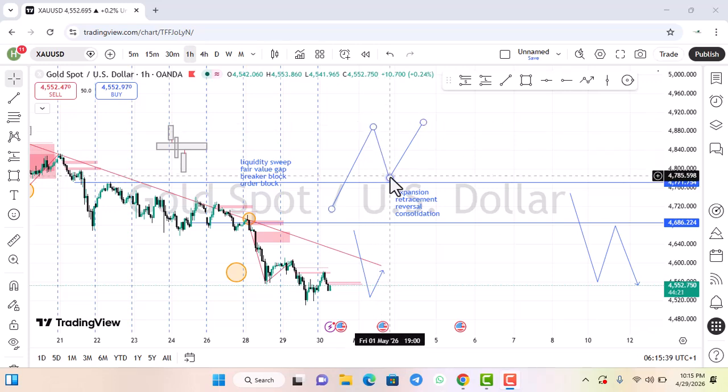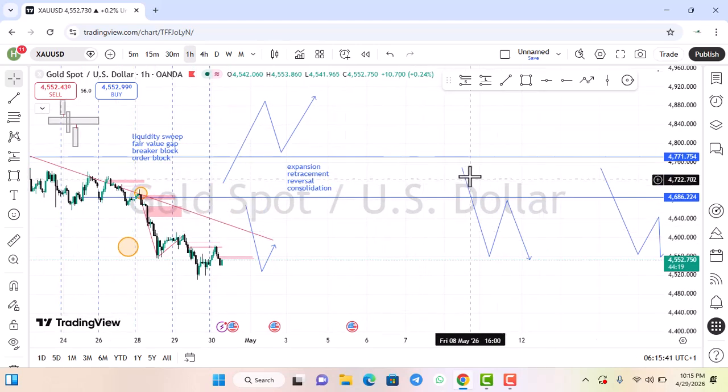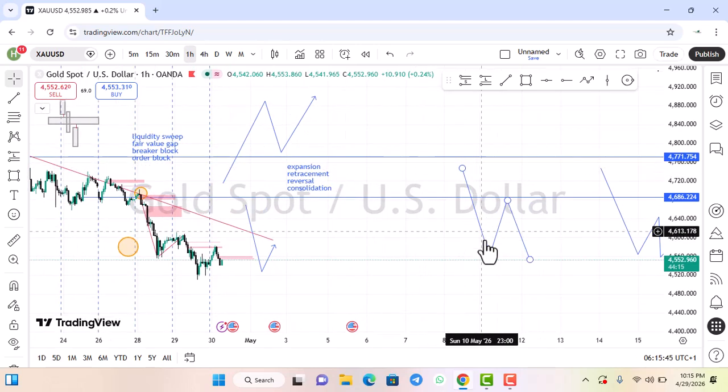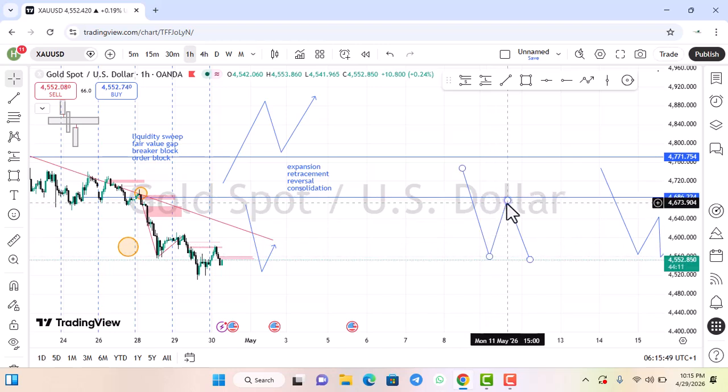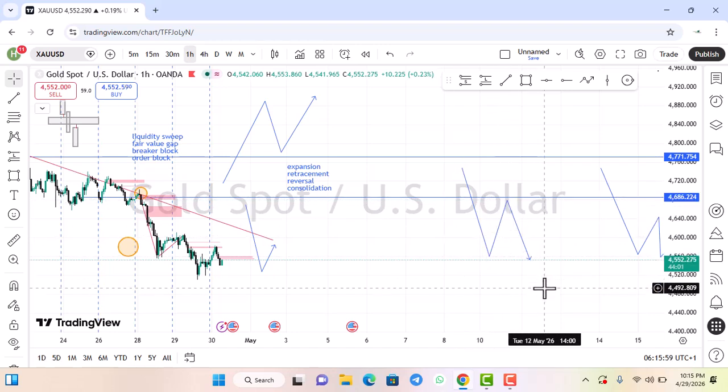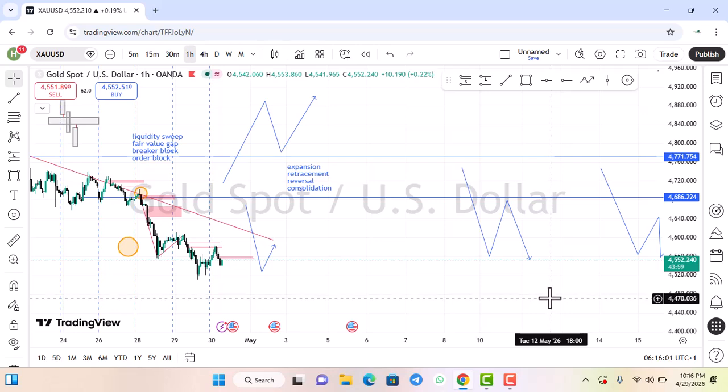Price reverses down, right? So this is an example in a downtrend. Price expands from this highest point to the lowest point here, then pulls back to this point here. So this pullback that you are seeing from this lowest point to this point here is what we call reversal. Then after reversal, price now continues to sell down, right?